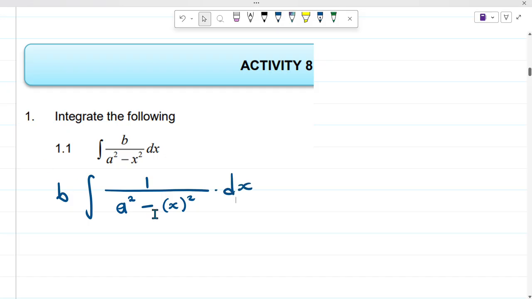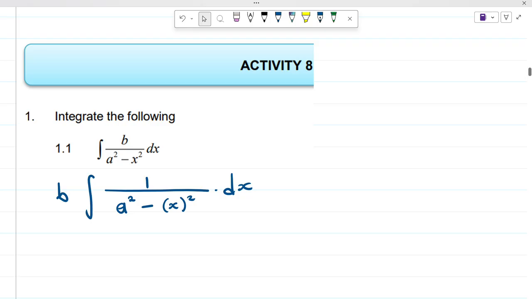Remember, on all of those formulas, on the numerator you should make sure that you have the derivative of whatever is squared. The thing that is squared is x, and the derivative of x is 1, the one that we already have here. So I don't have to cook anything here; I already have my f prime of x.